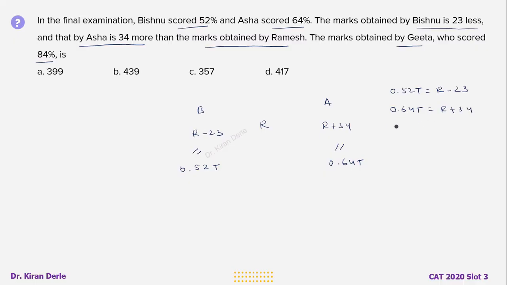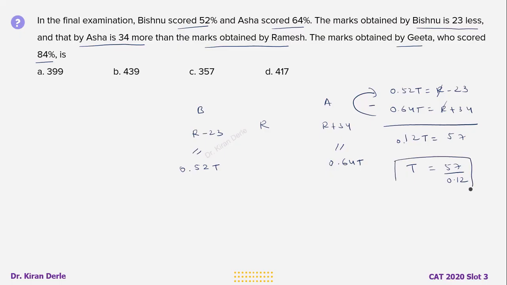Let's subtract one from the other. 0.12T is equal to 57, as R will get cancelled and the minus minus becomes positive, so we add. T is equal to 57 by 0.12, right?